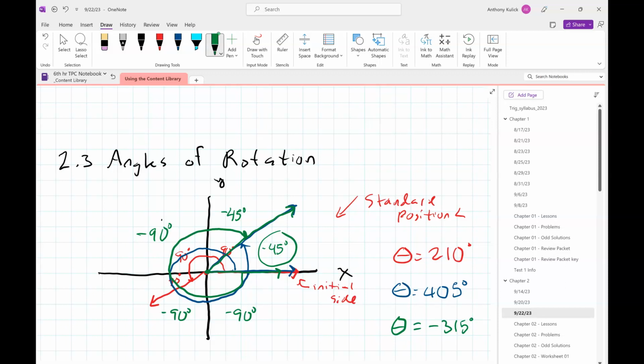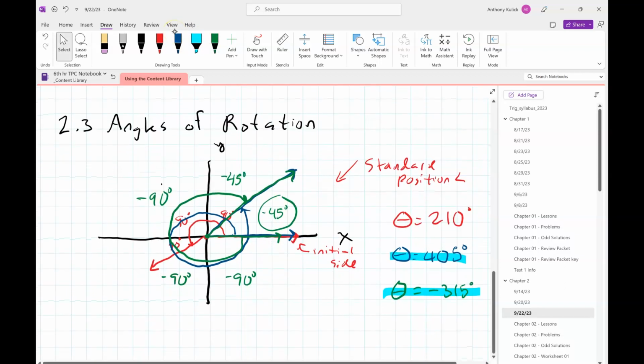I want to point out something here about our negative 405 and our negative 315. What do you notice about the terminal side of those two angles? So the blue one and the green one, what do you notice about the terminal side, the side that rotated? For each of those, what do you notice about it?